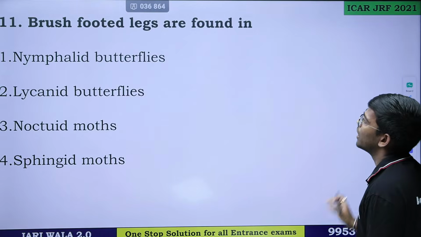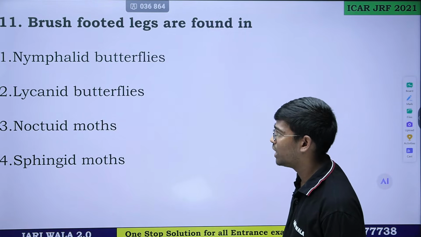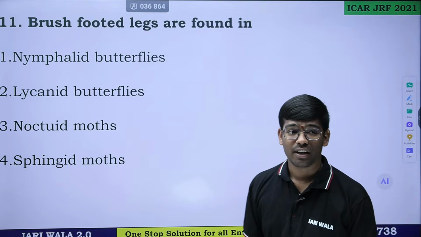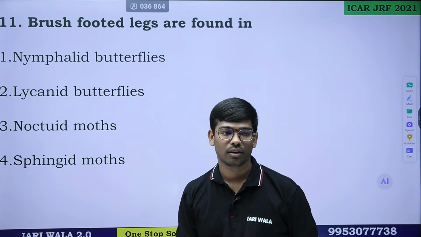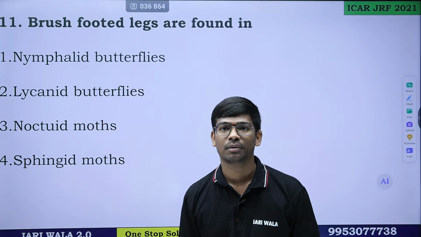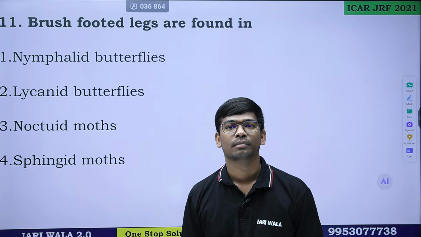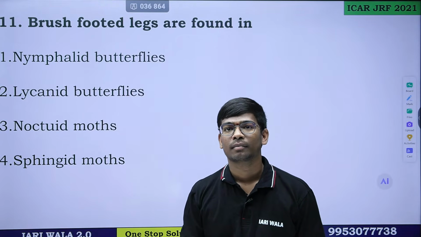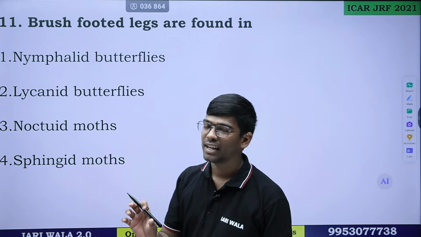And the next one is, the brush-footed legs are found in option 1 nymphalid butterflies, option 2 lycaenid butterflies, option 3 noctuid moths, and the fourth one is sphingid moths. So for this you need to know the family and its common name.